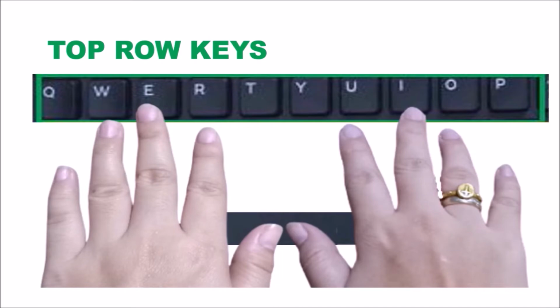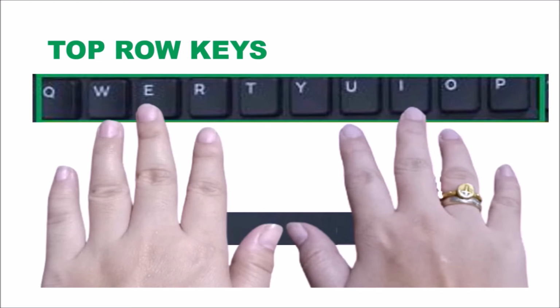Your left pinky will be assigned to letter Q. Your left ring finger will be assigned to letter W. Your left middle finger will be on letter E. Your pointer or forefinger will be on R and T, and then your left thumb will still be on the space bar.